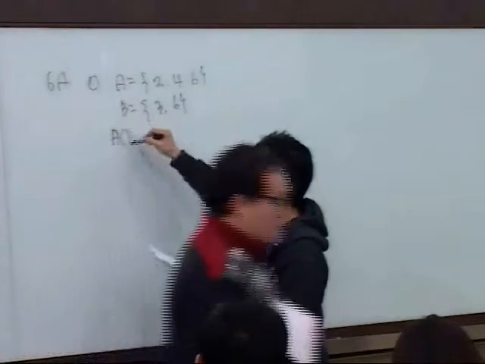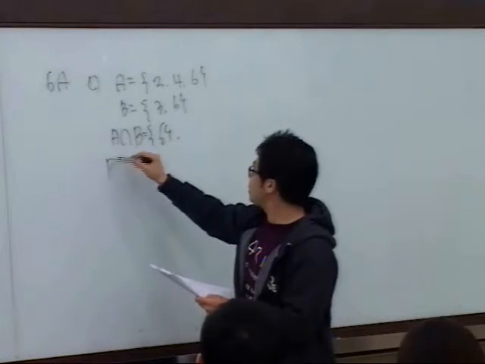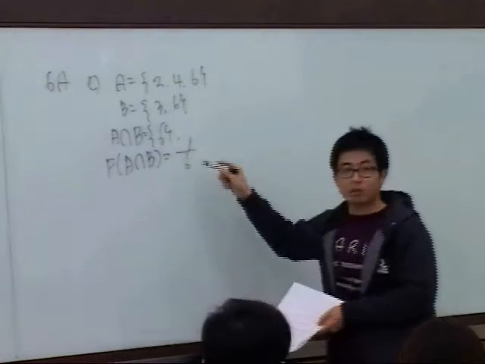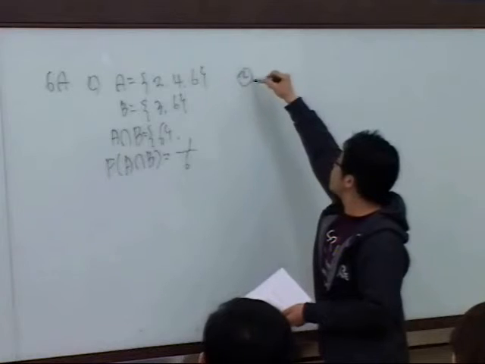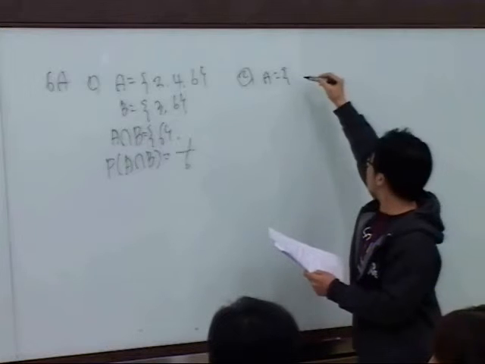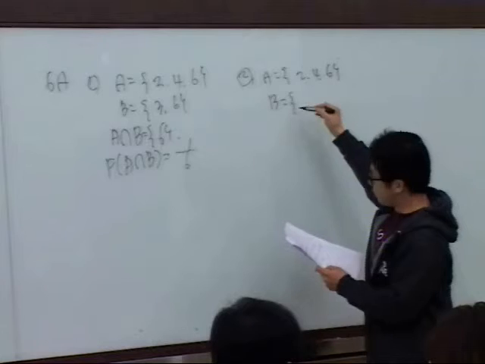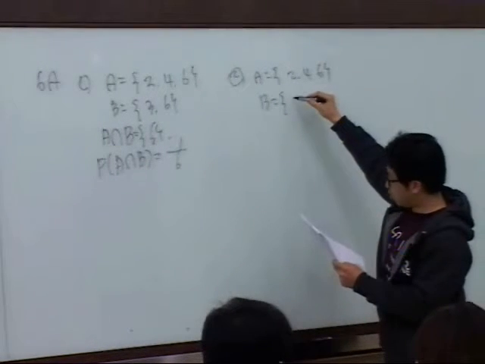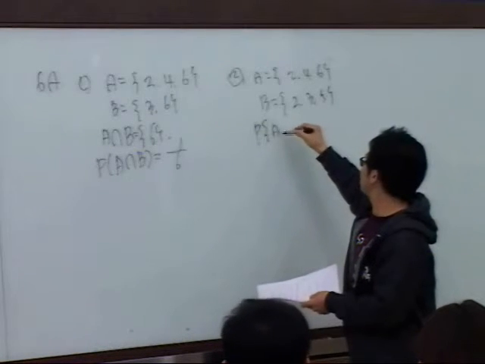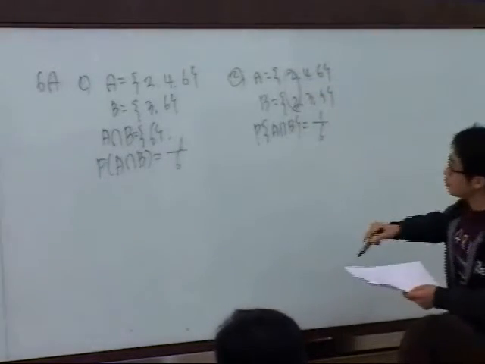The intersection of A and B is just 6, so the probability is 1 over 6. Problem 2 is the same. Event A is an even number, 3 over 6, and event B is a prime number, so 2, 3, 5, and the intersection of A and B is just 2.